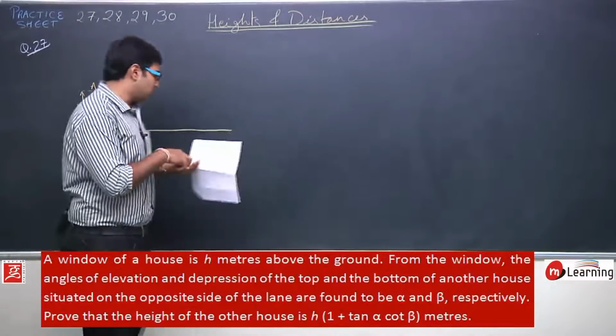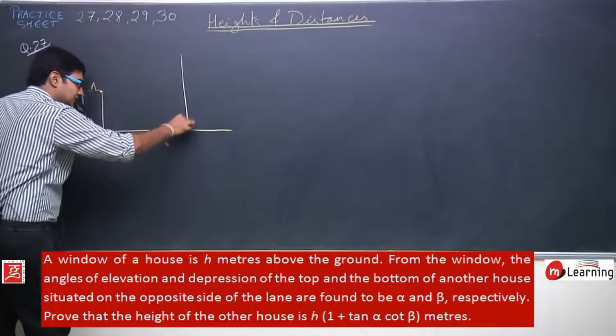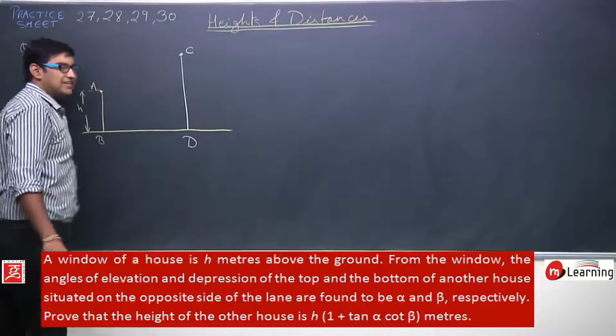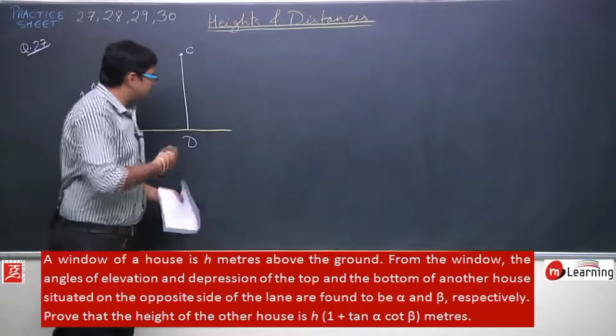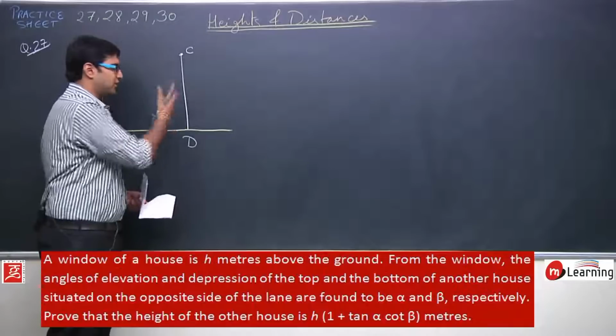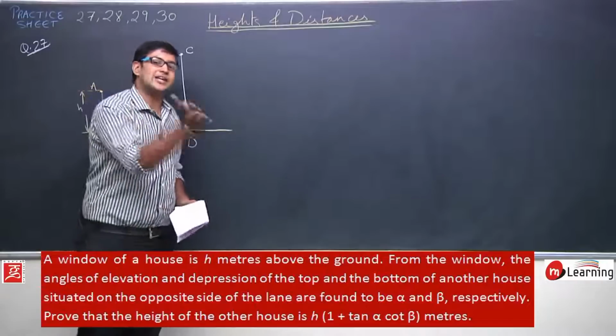So what is the other house? Let us assume this CD represents the other house, and it's needless to say that this line is vertical, perpendicular to the horizontal, because the house has to be vertical, it cannot be slanted.